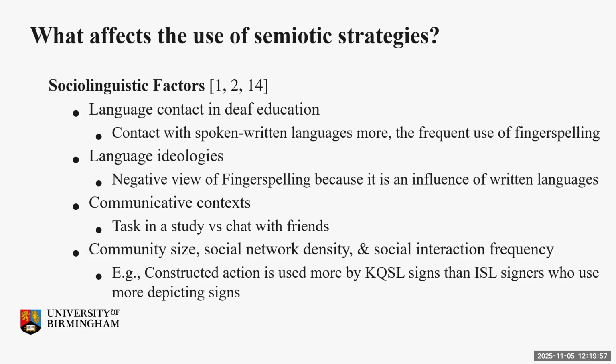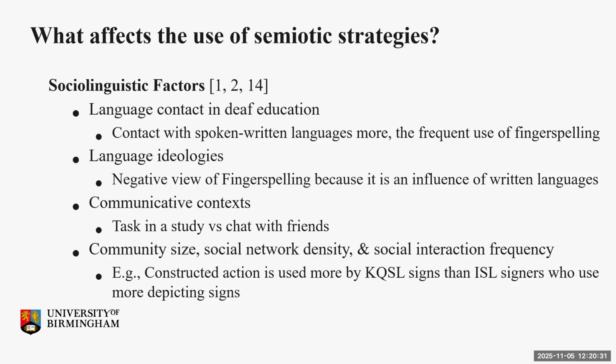So a study by Stamp and Sandler 2021 found that signers, that's supposed to be signers, not signs, sorry, signers of KQSL, which is a micro community sign language, use more constructed action. So it's a less conventionalized, more iconic strategy compared to that of ISL signers who use a macro community sign language, they use more depicting signs.